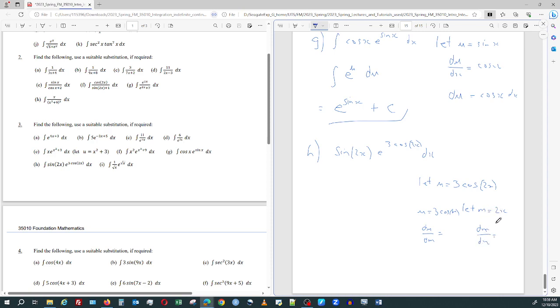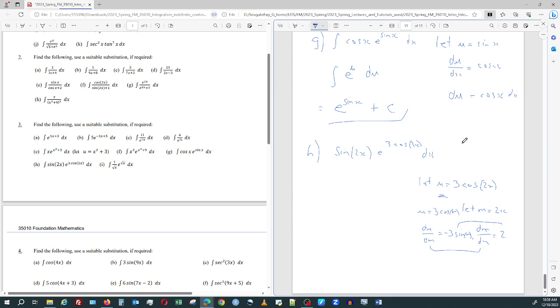So the differential of 2x is 2, differential of 3 cos m. Now the differential of sine is cos, so the differential of cos is minus sine m. Okay, they chain together to give us du dx, which is what we needed up here, and so we have to put them together.